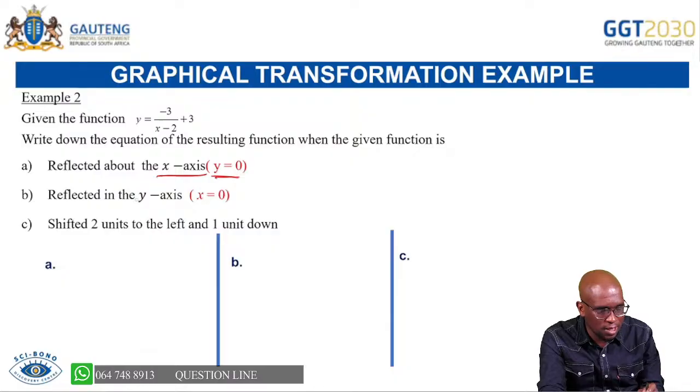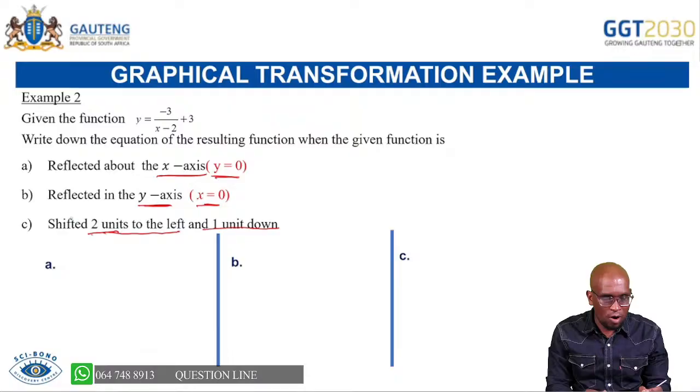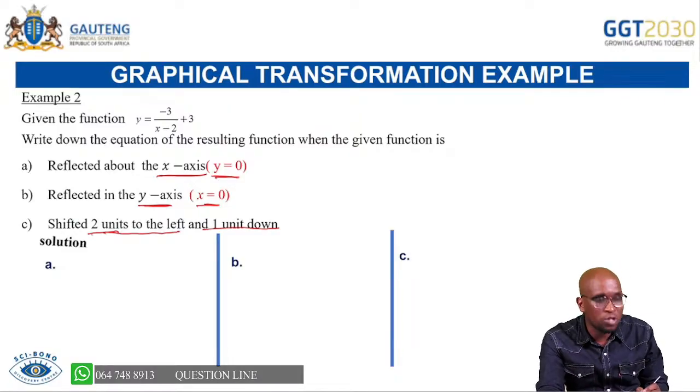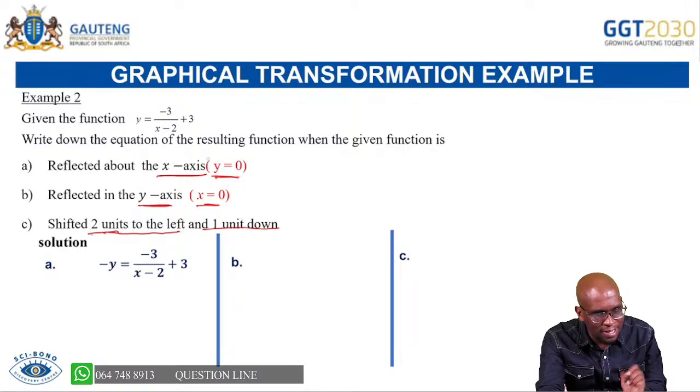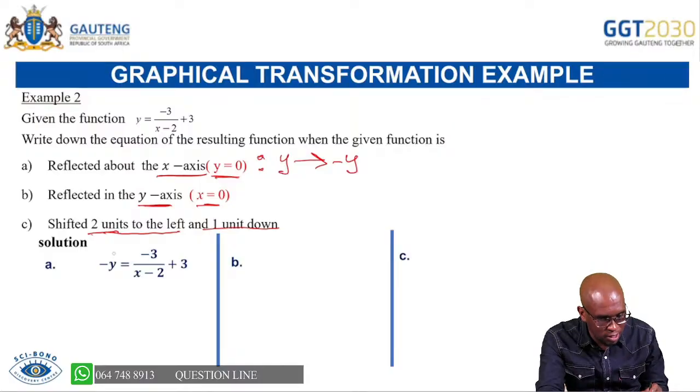If the function is reflected about the y-axis, that is x equals 0. Or it is shifted 2 units to the left and 1 unit down. The third one is a translation. The first two represent a reflection. Now let's check. When we reflect the graph about the x-axis, what happens? y becomes -y.